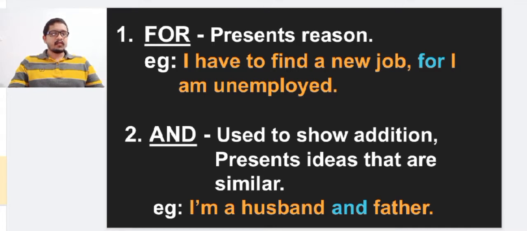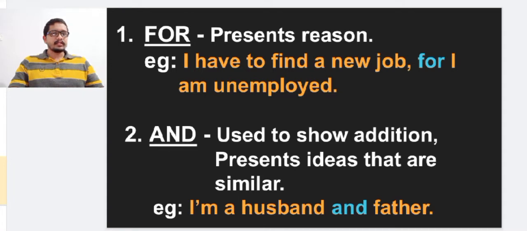Can you tell why I didn't use a comma here? Because when the conjunction is joining two words or two phrases, we don't use a comma. We use a comma only when the conjunction joins two independent clauses. As I just told in the first sentence, 'I have to find a new job' is the first independent clause, and 'I am unemployed' is the second independent clause.